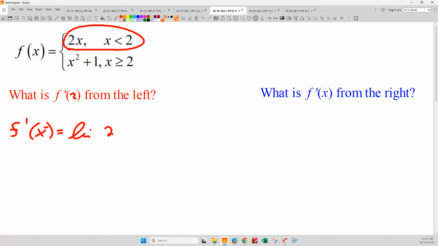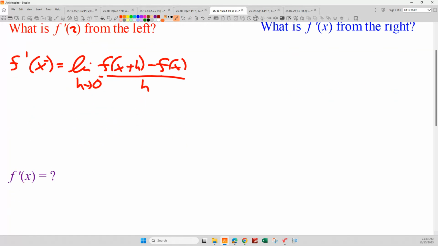Let's write it out. Limit of f of x plus h minus f of x over h as h approaches 0 from the left. Okay? So what is that?